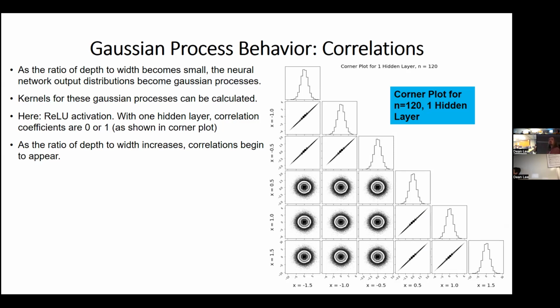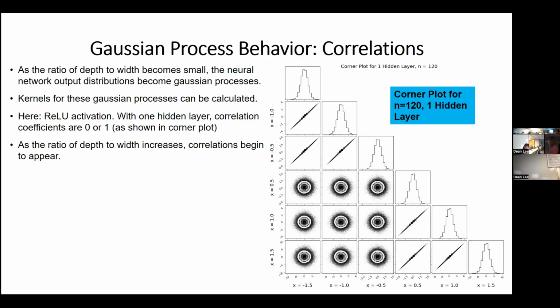Some work by Jim Halverson and collaborators went through and looked at a variety of different activation functions in the infinite width limit for a single layer neural network and calculated their covariances between a function at different outputs.